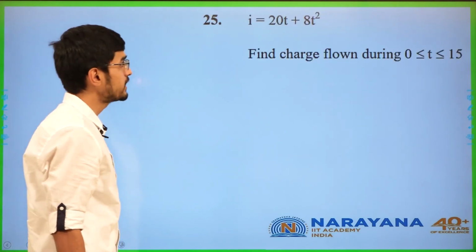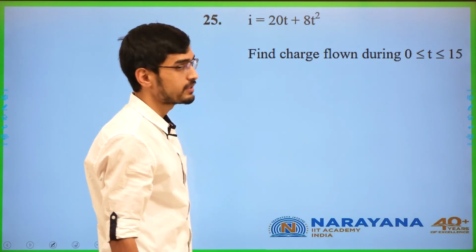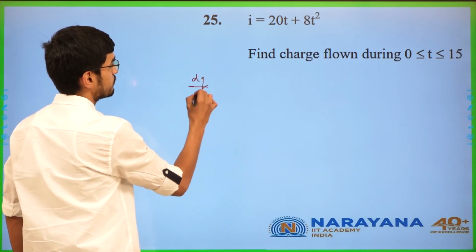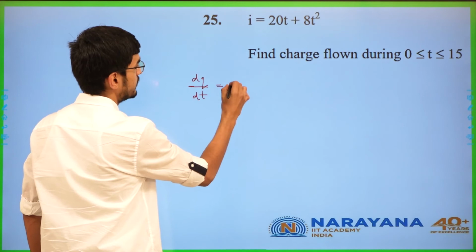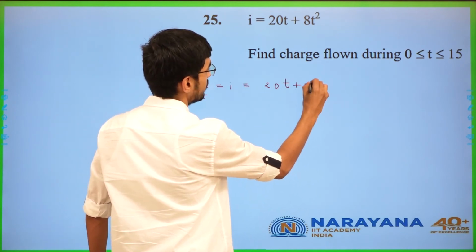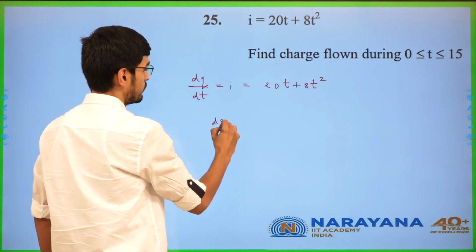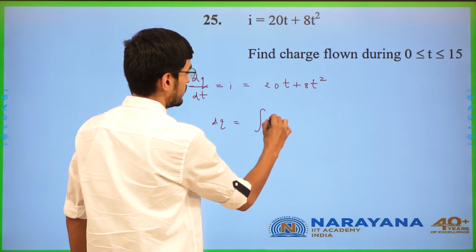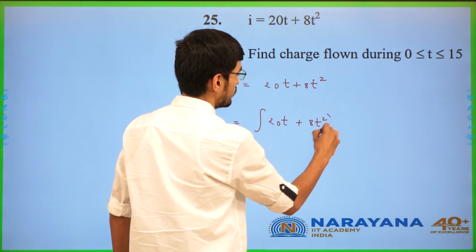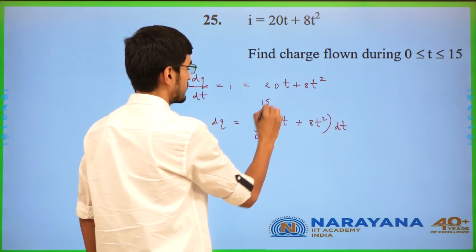If I is 20t plus 8 times t square, we have to find the charge flown during 0 to 15 seconds. So here we will use the definition of charge flown in terms of current, dq by dt is current, and the current expression is given to us as 20t plus 8 times t square. So charge flown will be the integration of 20t plus 8t square dt, limits 0 to 15 seconds.